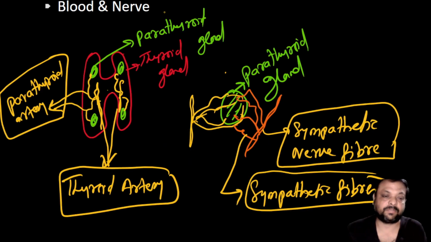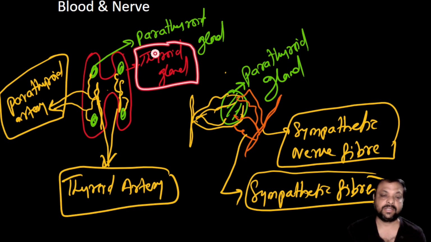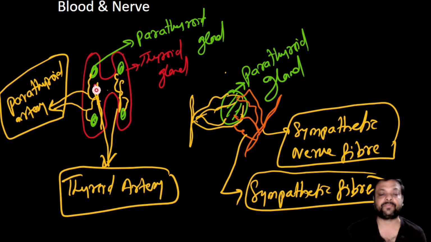Okay, now let's discuss the blood supply and the nerve supply of the parathyroid gland. This is the thyroid gland, as we have already discussed, and on it we find the parathyroid glands. Within the thyroid gland there is the main artery, called the thyroid artery.